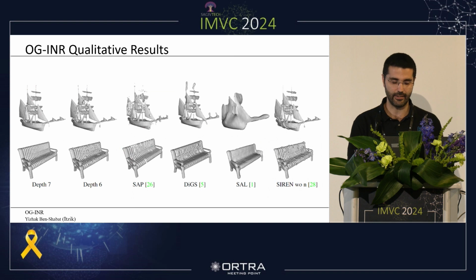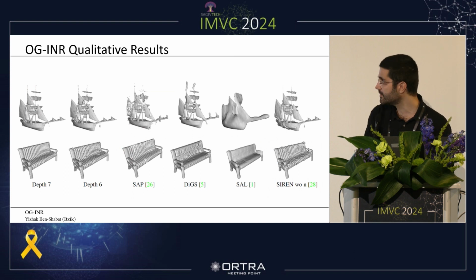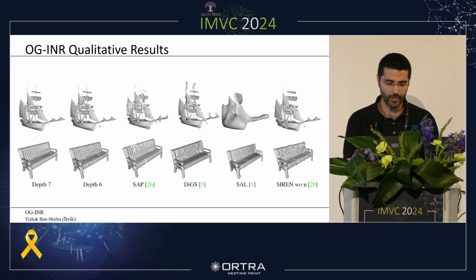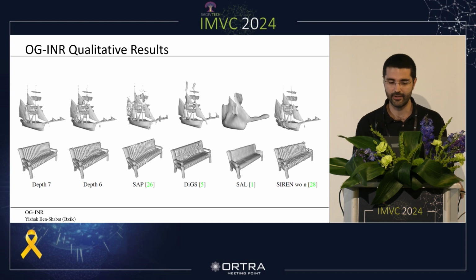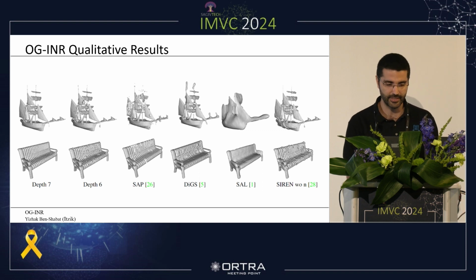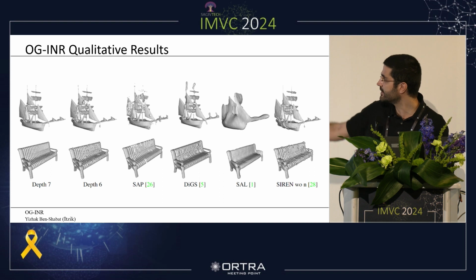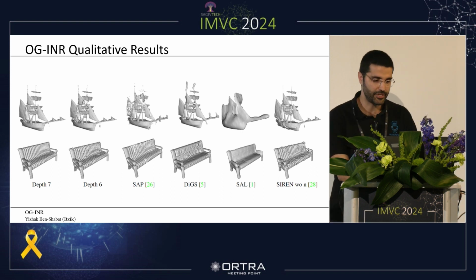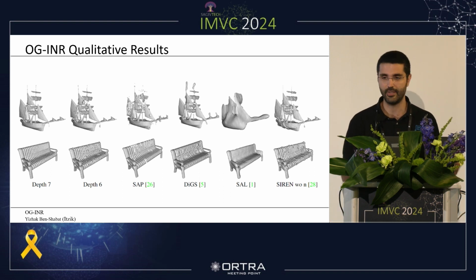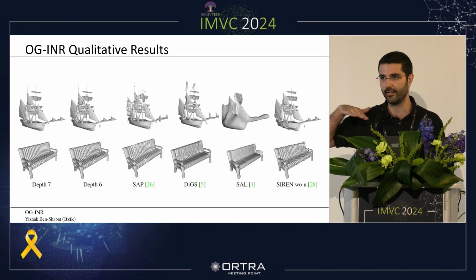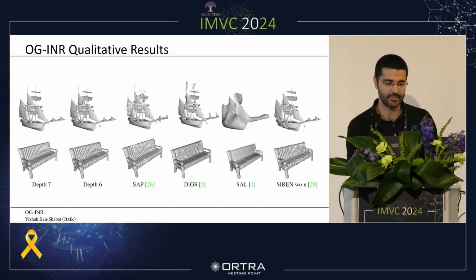Let's quickly look at a few qualitative results, right? So we compare to other methods like Siren, SAL, and our previous version of DIGS. DIGS, for example, creates this over-smoothed kind of shape, and especially these kind of places with holes. It really kind of bridges those gaps in places that it shouldn't.